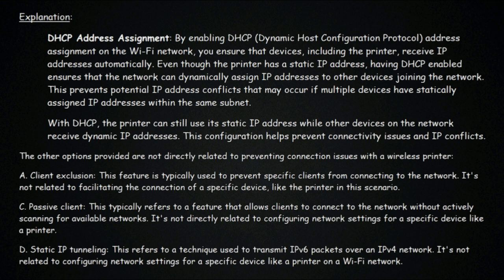This prevents potential IP address conflicts that may occur if multiple devices have statically assigned IP addresses within the same subnet. With DHCP, the printer can still use its static IP address while other devices on the network receive dynamic IP addresses. This configuration helps prevent connectivity issues and IP conflicts. The other options provided are not directly related to preventing connection issues with a wireless printer.